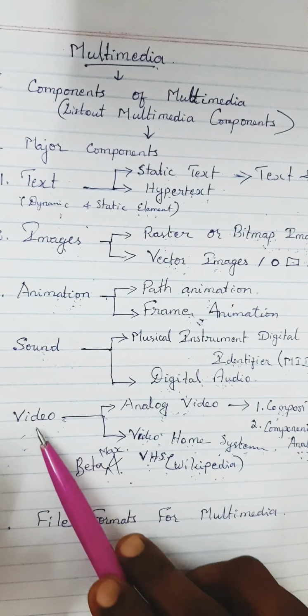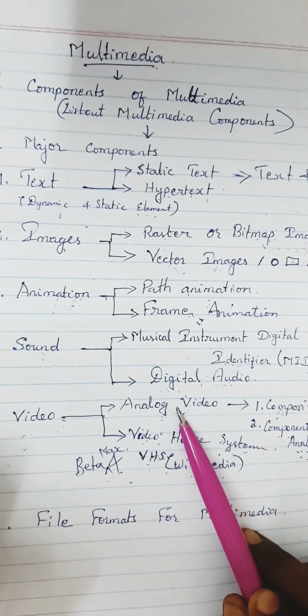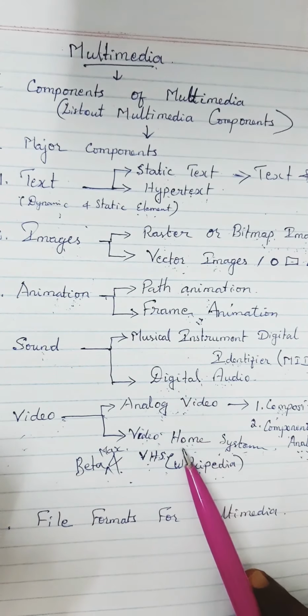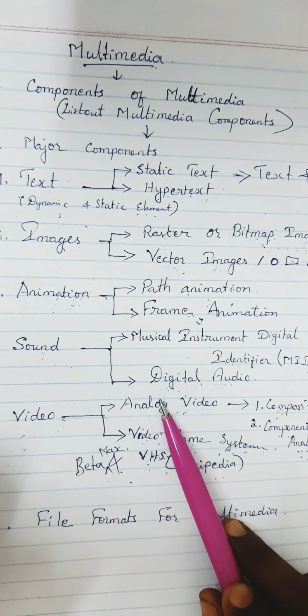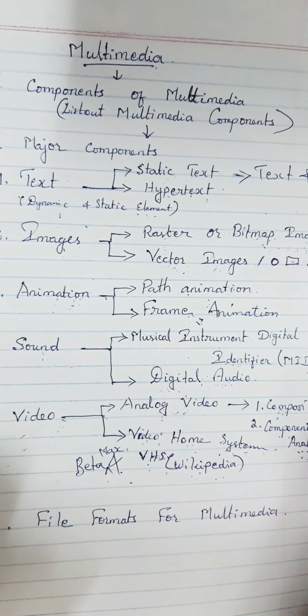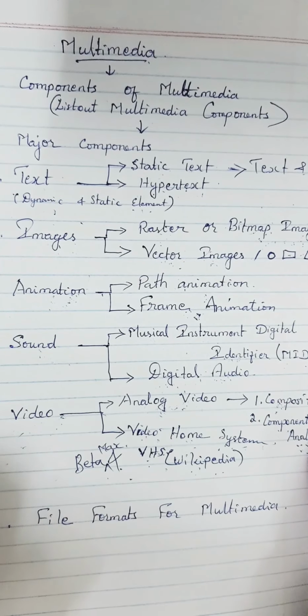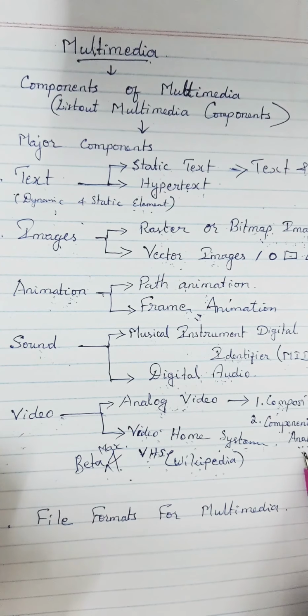Okay, that video is divided into two: analog video and video home system. That analog video is divided into two, composite and component analog video. First, we are going to see analog video.